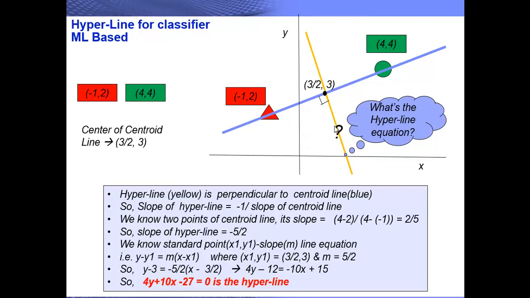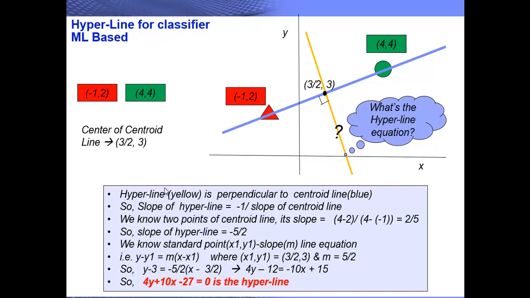Now once we have the slope of this line and one point of this line, again there is a standard equation of the line if we know one point on that line and its slope. That's called the point-slope form of the line equation. That is how we are going to get the equation of the hyperline.